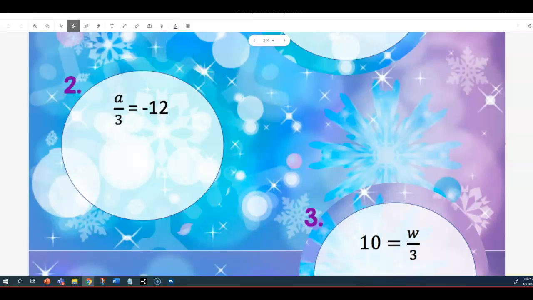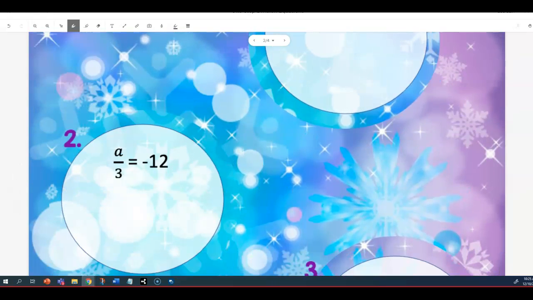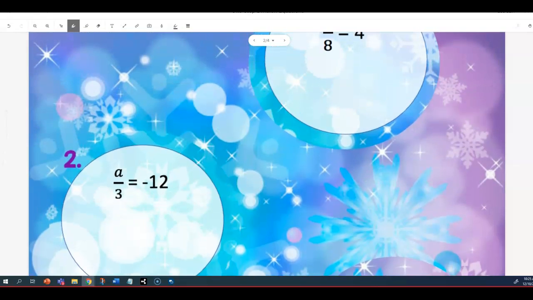Okay, before we get started, I want to bring up the fact of fact families. You worked with them before, so I'm going to write the fact family for number 2. And you do not have to write this. I just want you to think about it while we're doing this. Number 2 is telling me a divided by 3 is going to equal negative 12.